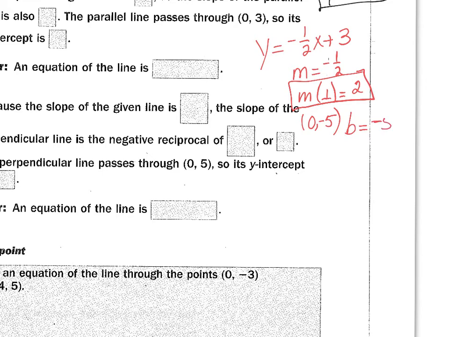We have everything that we need now. So what is the equation of the line? Well, put it in y equals mx plus b. Tell me what to write. Landon? Well, my slope of my perpendicular line is.